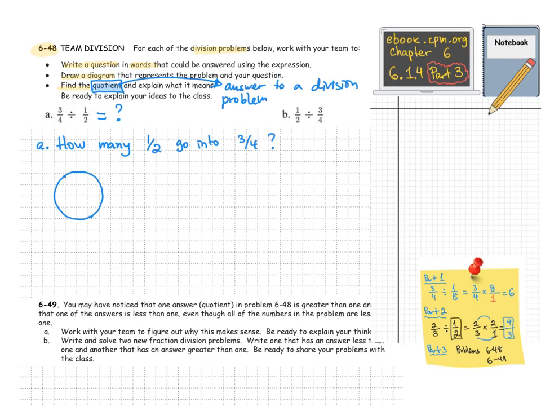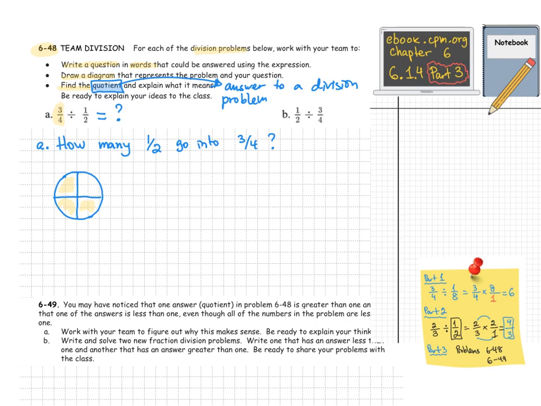However, 3/4 is what I need to have. So I'm going to divide it into quarters. And let's shade 3/4, because that is what we have. There's the 3/4, and I will color code. And now how many 1/2s go into 3/4?